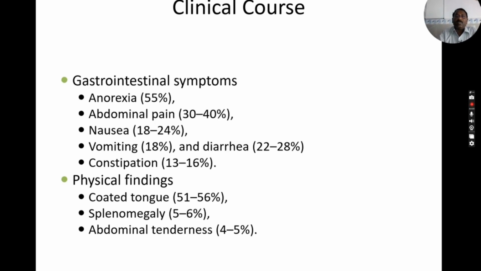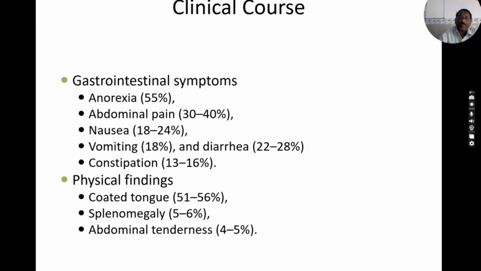So these are the gastrointestinal symptoms like anorexia, abdominal pain, nausea, vomiting, diarrhea, constipation. Physical findings, coated tongue. This is very important in typhoid fever, so you have to see the tongue. The tongue is coated in about 51 to 56% of the cases.